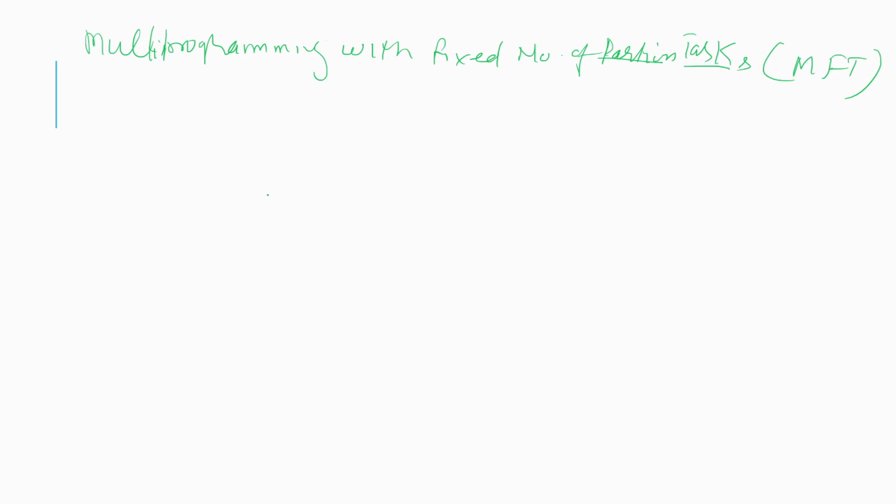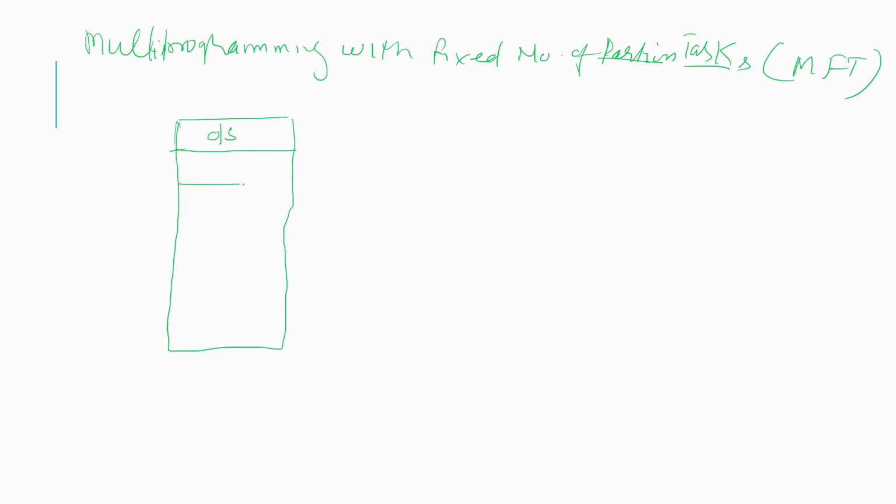Now we can divide our memory space like this. We are dividing this memory space into different parts. Suppose we fix this for the operating system, the system area.